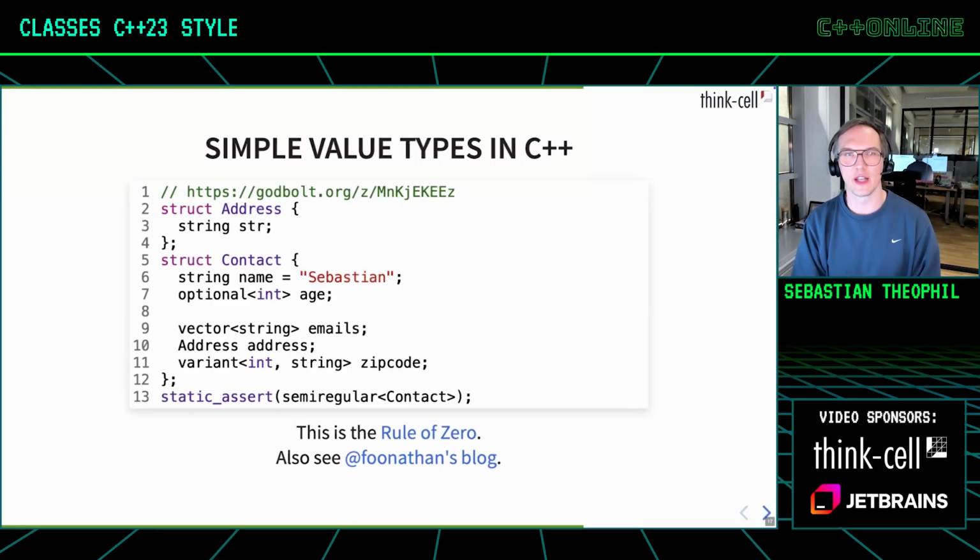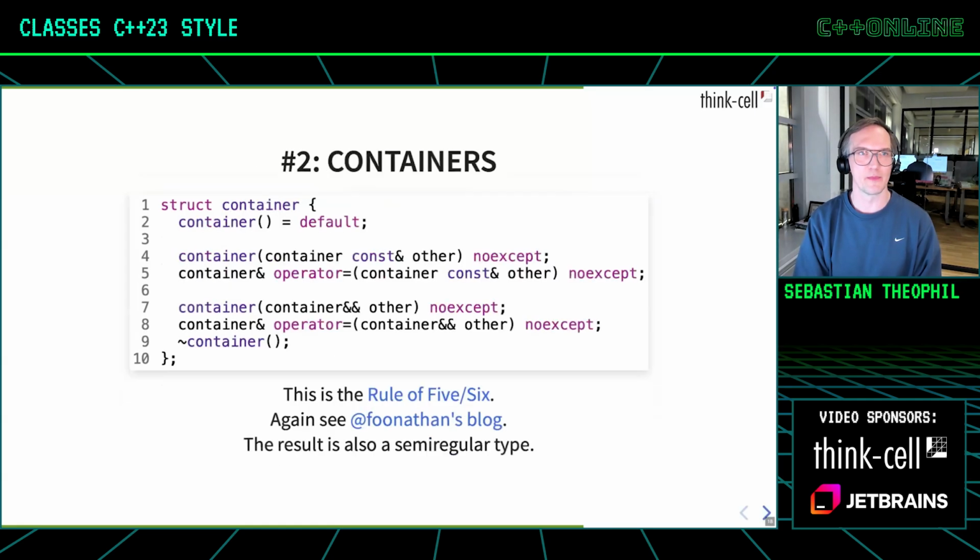Now let's look at the second kind of type I mentioned, containers. So containers should also behave like value types, but containers are special because they usually manage memory. And if you manage memory, then you have to implement those special member functions yourself. You have to make sure that memory is created, it is destructed, it is copied.